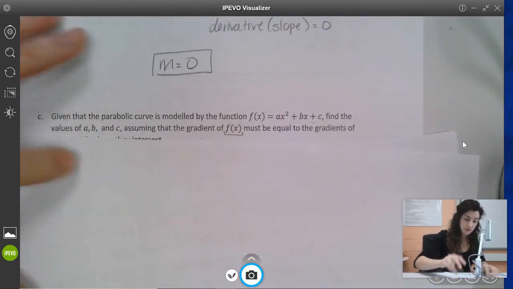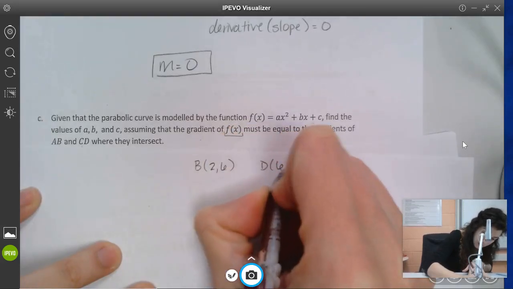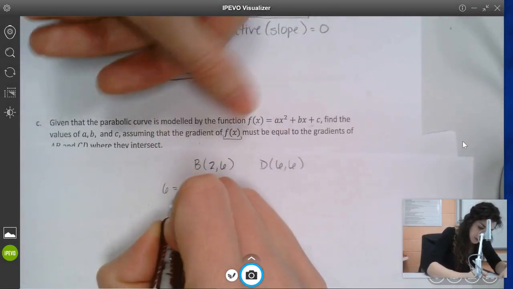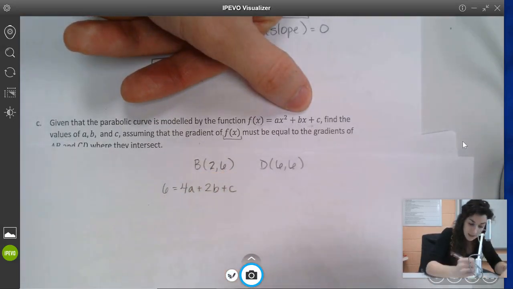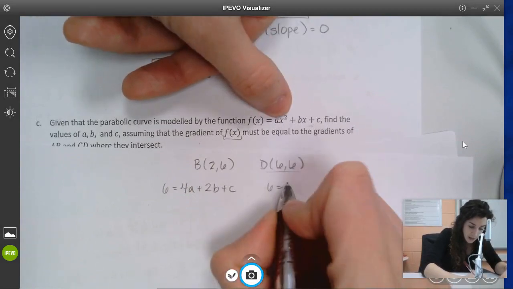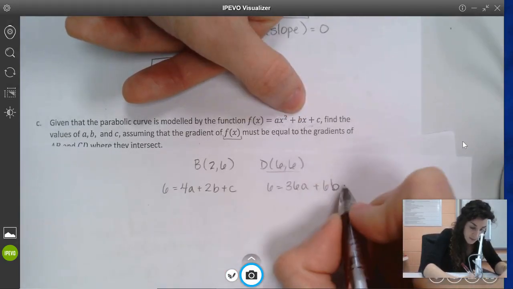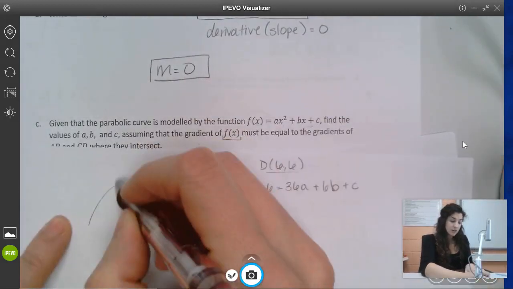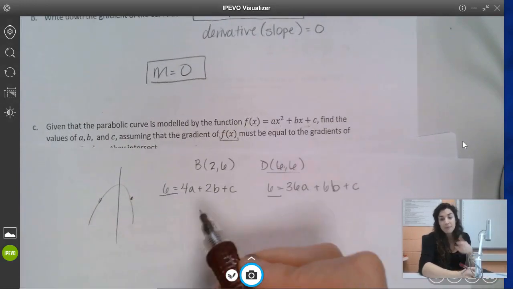If I took the points that were given up above, and plugged them into this equation, that would be 6 equals 2 squared is 4a plus 2 times b plus c. We could also use this guy and say, okay, well then 6 equals 6 squared is 36a plus 6b plus c.